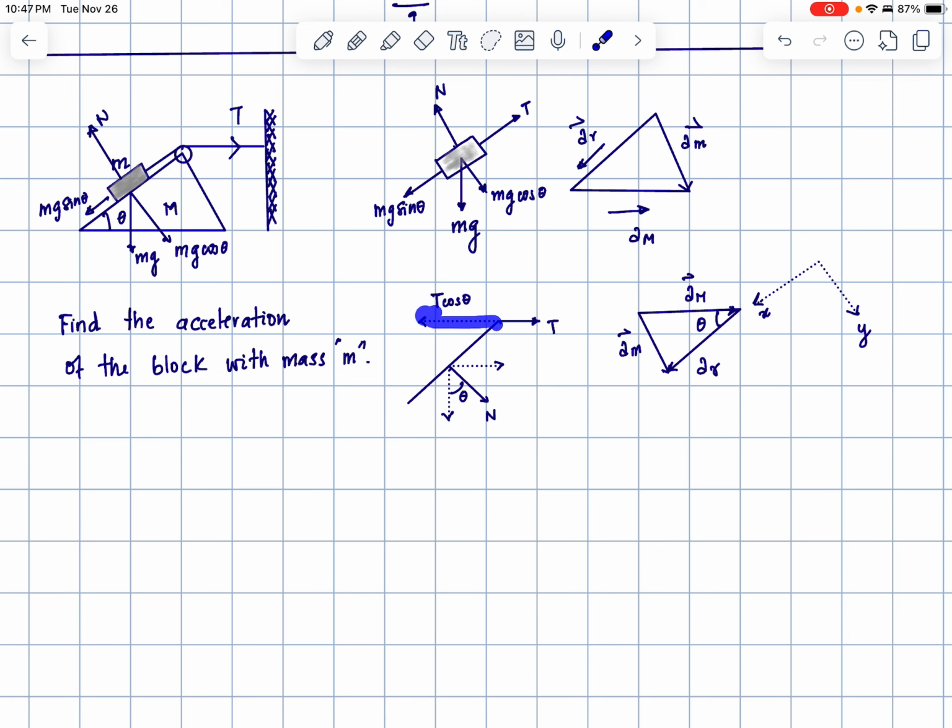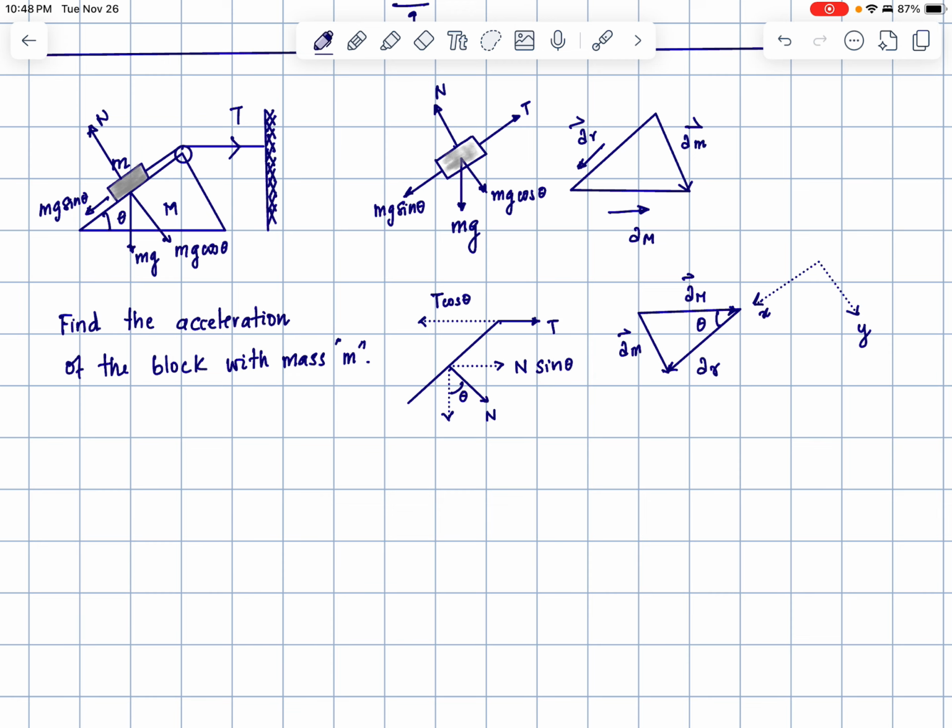Because this is T, the component of T in the horizontal direction is T cosine theta, right? And now the normal force exerted by the little block on the inclined plane is acting perpendicular to the surface of the inclined plane. Okay, so the component of N along the direction of motion of the inclined plane is N times sine of theta.